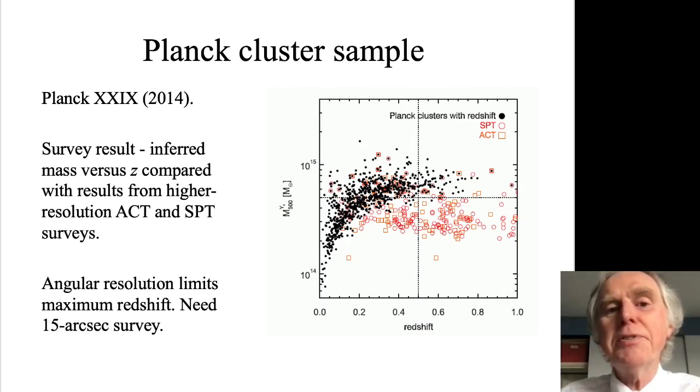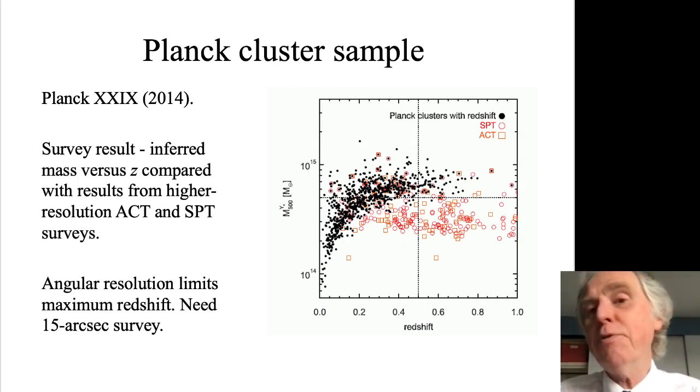At higher redshift, if you want to get to a moderate cluster mass rather than looking at one of the huge, most massive clusters in the sky, you have to use a much larger antenna and an angular resolution of better than about 1/4 of an arc minute. Planck was capable of getting to about 4 arc minutes.